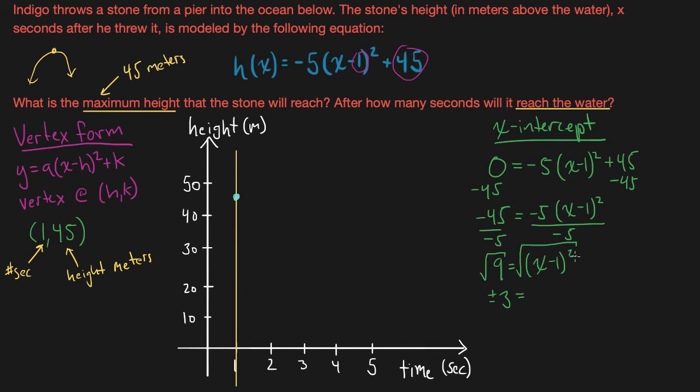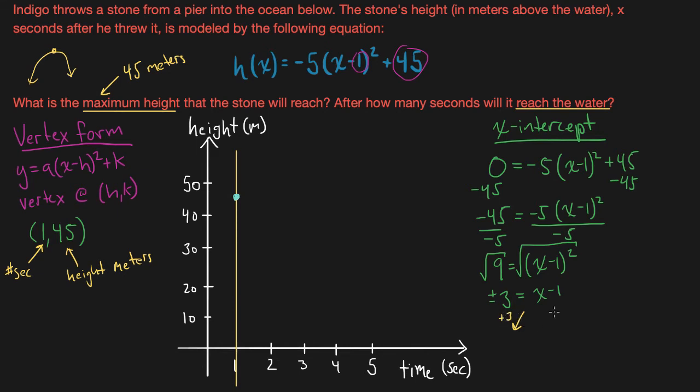And then our exponent and our square root sign are opposite operations, and so the right-hand side simplifies to just x - 1. So now we have two separate versions of this equation that we need to solve. One where 3 is positive and one where 3 is negative.